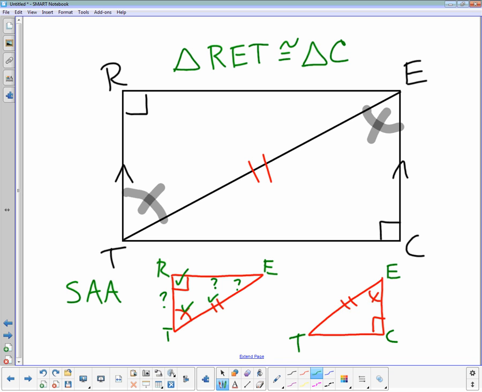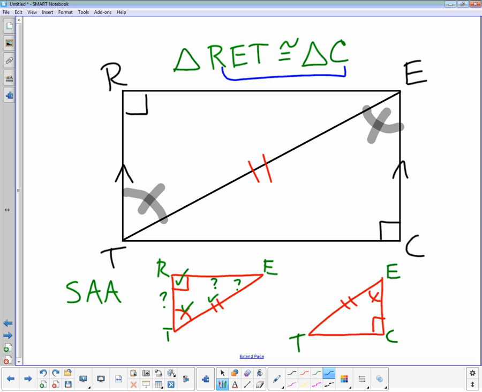All right, calm down over there. You're getting a little excited. So, if R goes to C, let the tick marks help you. R goes to C because those are the right angles. E doesn't have a mark on it, so who does he correspond to?